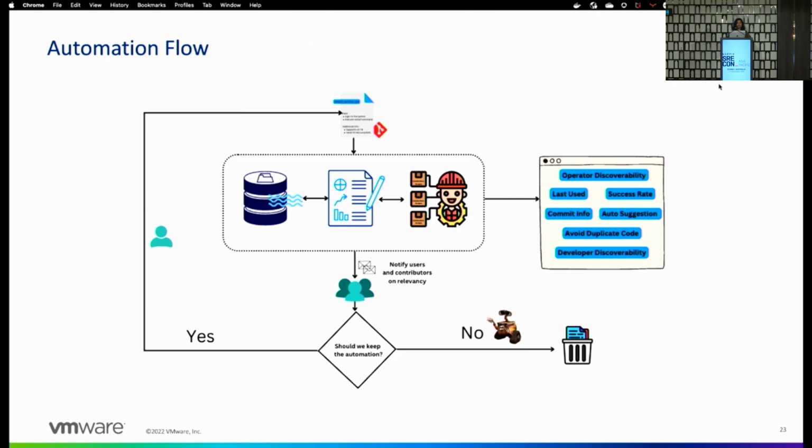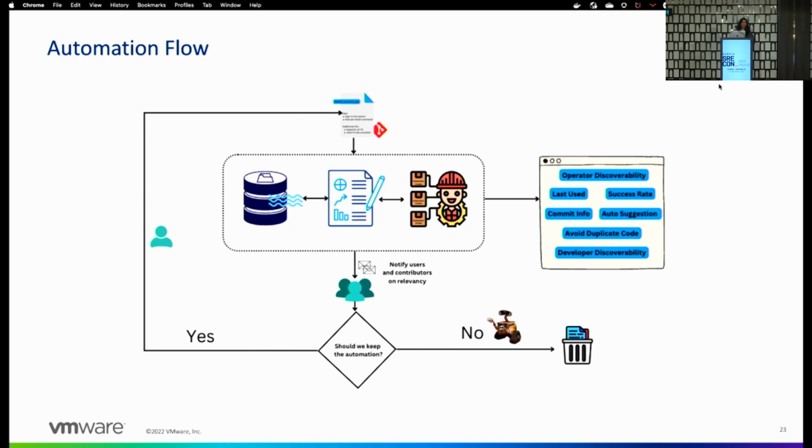All of that data is correlated and passed down to the automation platform. Now, this automation platform processes all of this data and the reports that are built, and derives these metrics that are visible in the UI when an operator has to choose the automation. So it solves all the challenges that we already discussed.